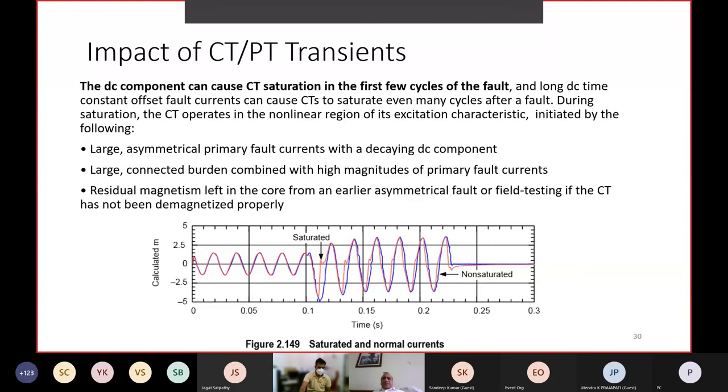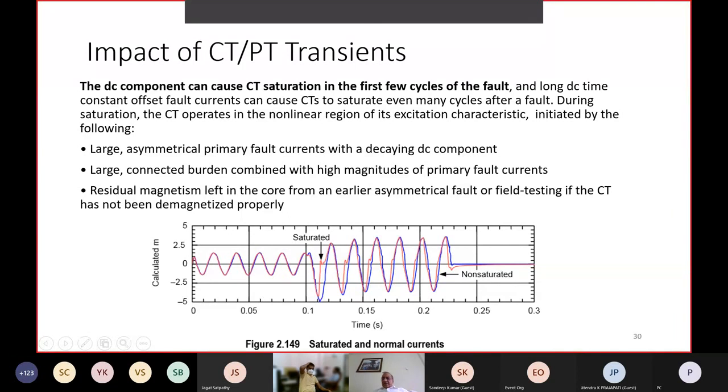We talked about CT-PT transients while we spoke about differential protection of generator as well as transformer. Similarly, even the distance measurement has the problem of CT saturation during the first few cycles, and then it recovers from that. The high-speed distance relays, which are nowadays taking a trip decision in say 14 millisecond or 20 millisecond at the most, can then experience inaccuracy due to CT transients.